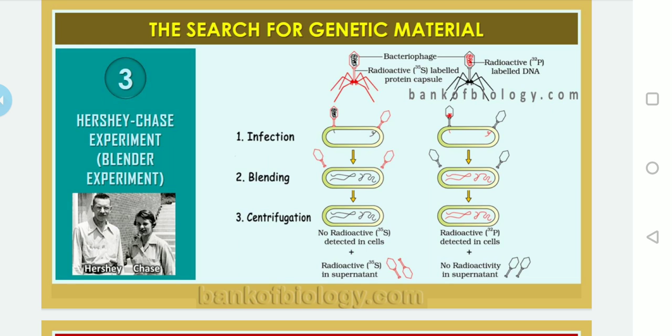The second is the biochemical characterization of the transforming principle, discovered by three scientists: Oswald Avery, Colin MacLeod, and Maclyn McCarty. The final one is Hershey's experiment, popularly called the blender experiment, proved by Alfred Hershey and Martha Chase in 1952.